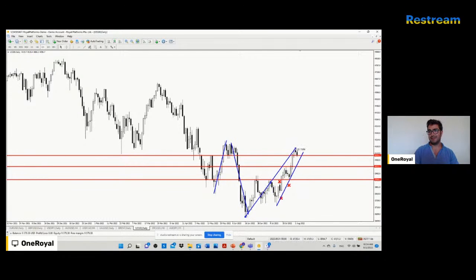This either is a deep correction or a new impulsive wave for the new uptrend. So we don't know exactly for now. If I need to short, as trading writers is asking, I will wait for these signals that I have talked about: the lower highs, the break of the structure, and a close below the 4030.